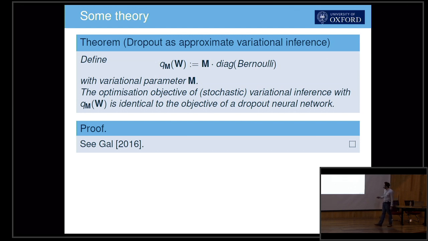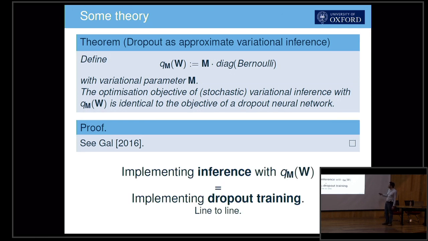That basically means that implementing approximate inference in a Bayesian neural network, in a Bayesian probabilistic model with this Q distribution, is identical to implementing dropout training in your deep learning model, line to line. You will be implementing exactly the same code with some important caveats, which we'll talk about later. Caveats about how you tune the dropout probability specifically.